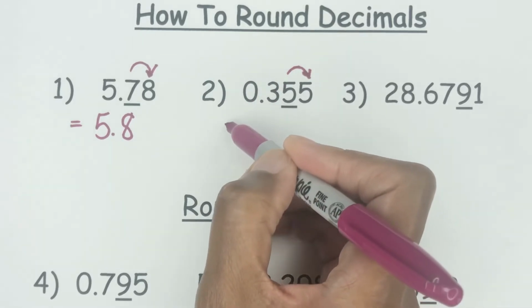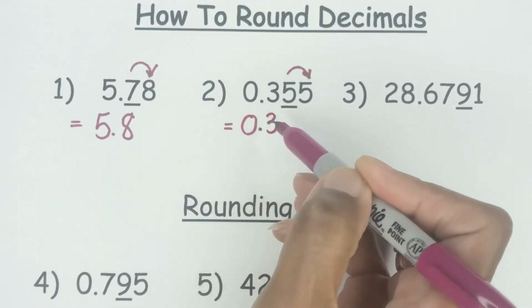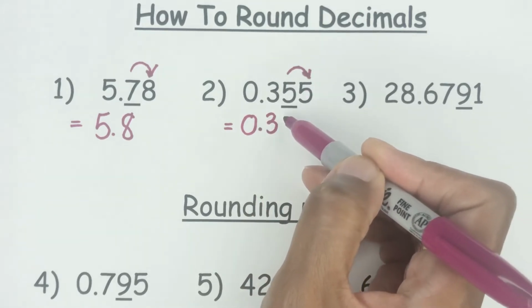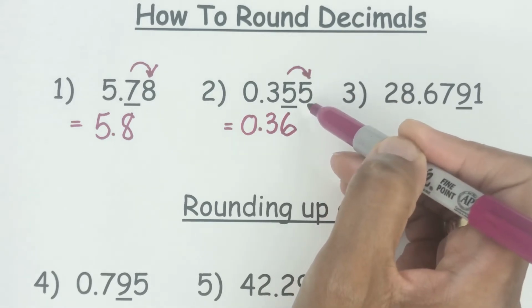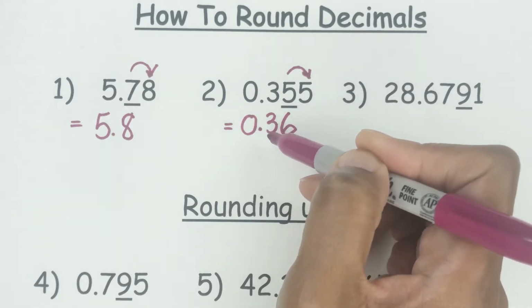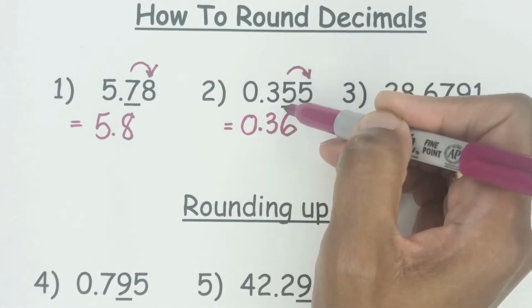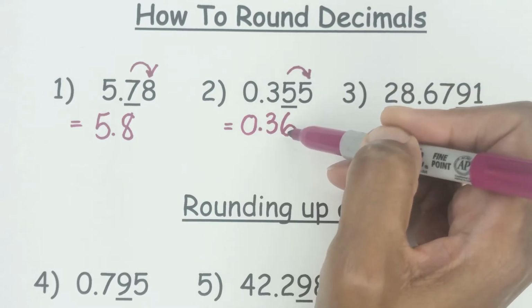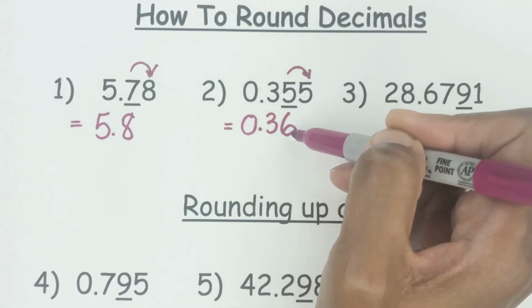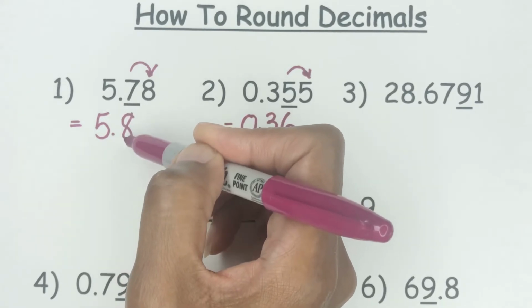This still stays the same, 0.3. And then the 5 moves up to a 6 because of this digit being 5 or above. So it's 0.36. And you always stop your answer at the underlined digit. If you're rounding to the 100th place, you stop at the 100th place. So it's 0.36. If you're rounding to the 10th place, your answer stops at that place.